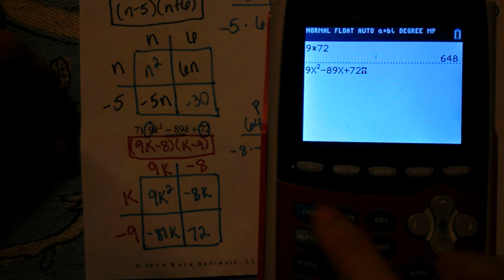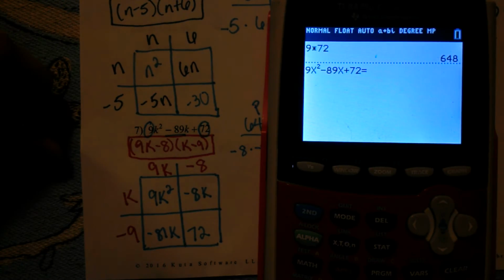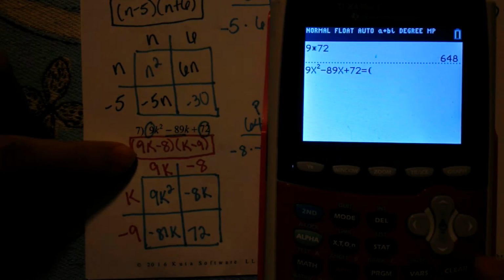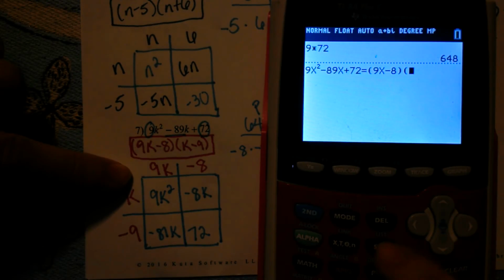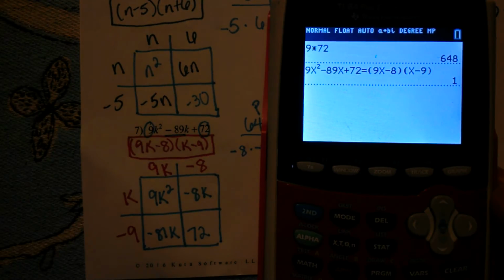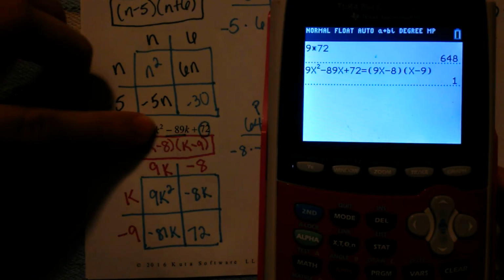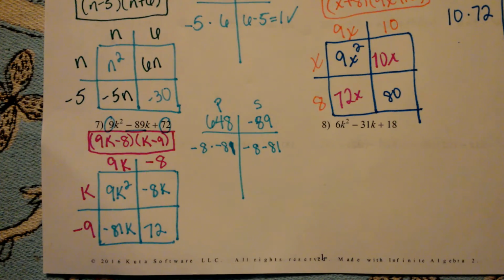So you're going to do second math, and it brings up the test options. You want to test if it's equal, and then you're going to put in 9x minus 8, and then x minus 9. So it gives you a 1, that's true. If it gives you a 0, it's false. It's binary. So I factored it right, it gave me a 1.